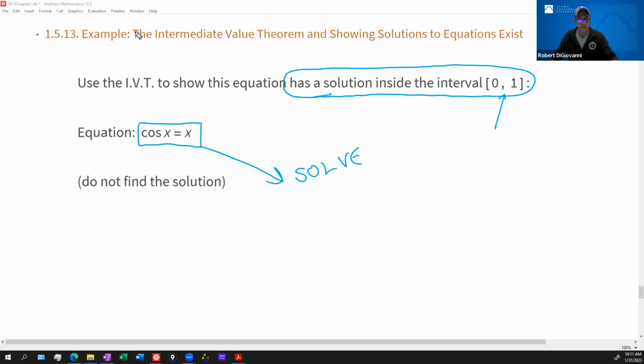Forget the intermediate value theorem for a minute. If I put that on a quiz today in class, and I say solve that equation, could you do it? I want you to think about that. Cosine x equals x. Do you have any tools in your toolbox of solving equations to be able to solve that? I'll take a minute and a half. I'll be right back.